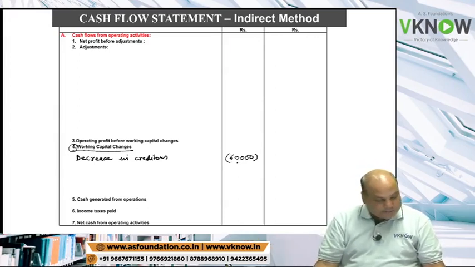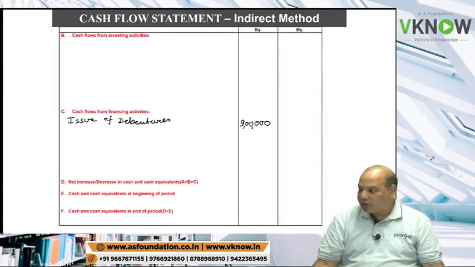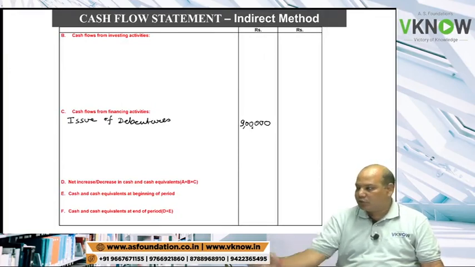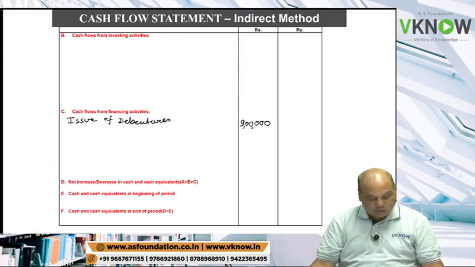Then next line, bank loan. Bank loan was taken during the year. Opening is 1 lakh 50 and closing is 3 lakh.